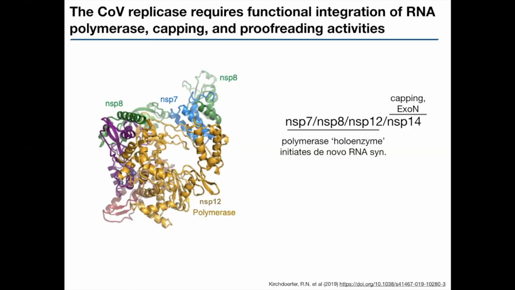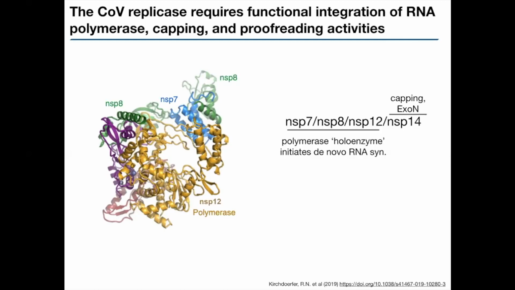This is made up of the NSP12 RNA-dependent RNA polymerase itself, together with two other non-structural proteins, NSP7 and NSP8, which are thought to help with processivity of the RdRp. As I mentioned, this is thought of as perhaps the core holoenzyme of the polymerase, and it is believed to be able to initiate de novo primer-independent RNA synthesis.